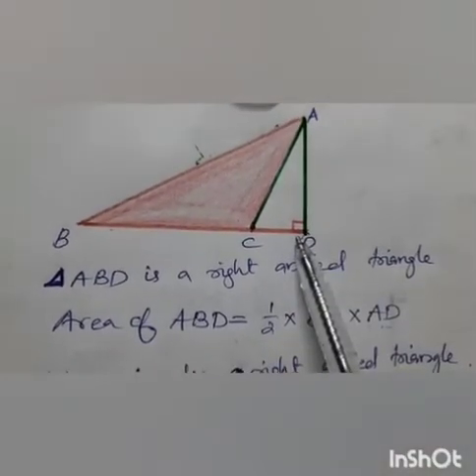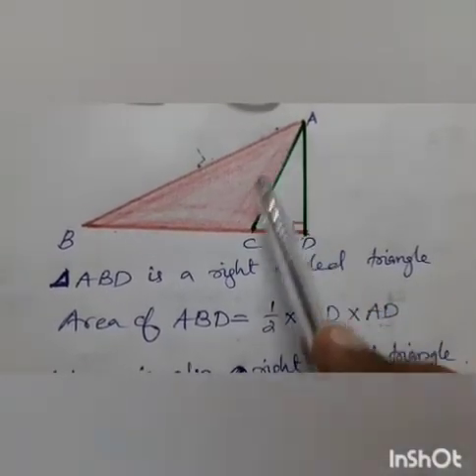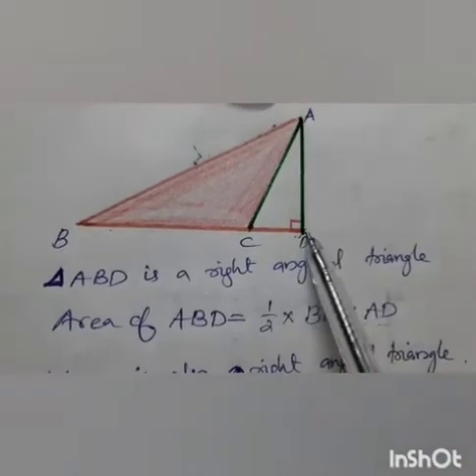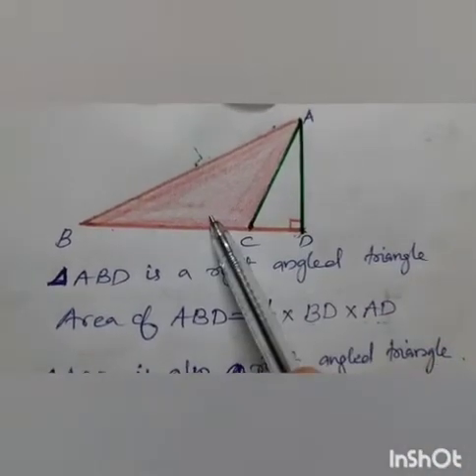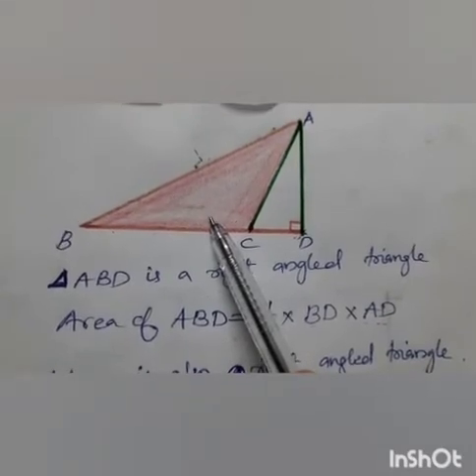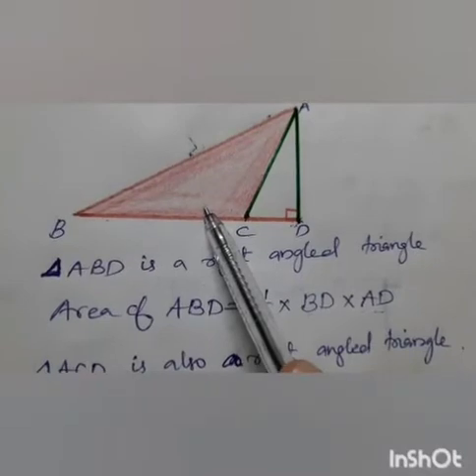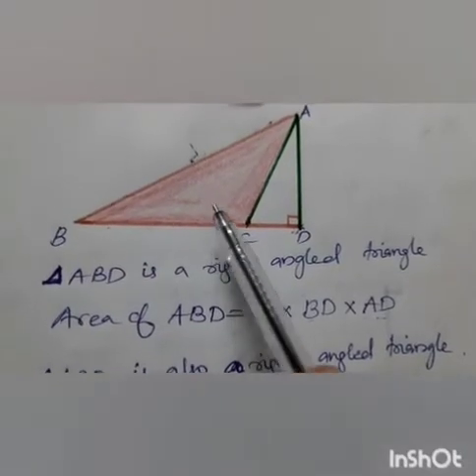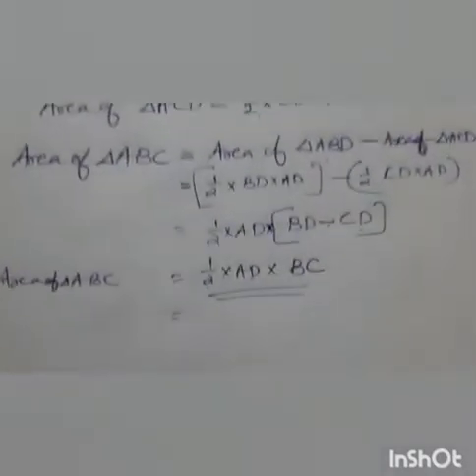So here AD is the height measured from BC. So these two should be multiplied and take half of that. So the area of this type of triangle is half the product of a side and the height from it. Directly we can find out like this.